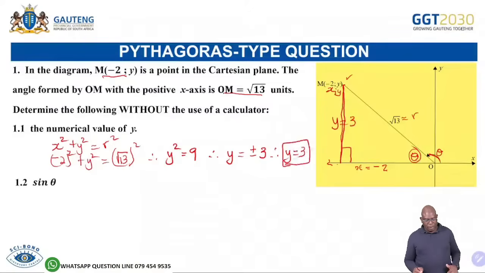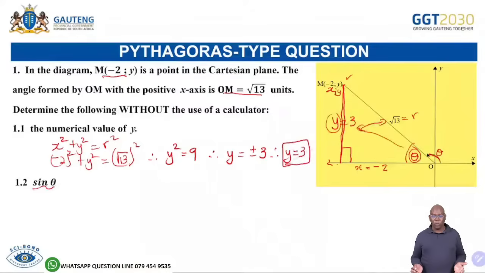And then you can get the value of sine theta, because in this case here, I could not get it earlier, because remember, sine is opposite over hypotenuse. So my opposite was y. I did not know what the value is. Now I know I can do it. So my sine of theta is going to be 3 over square root of 13.